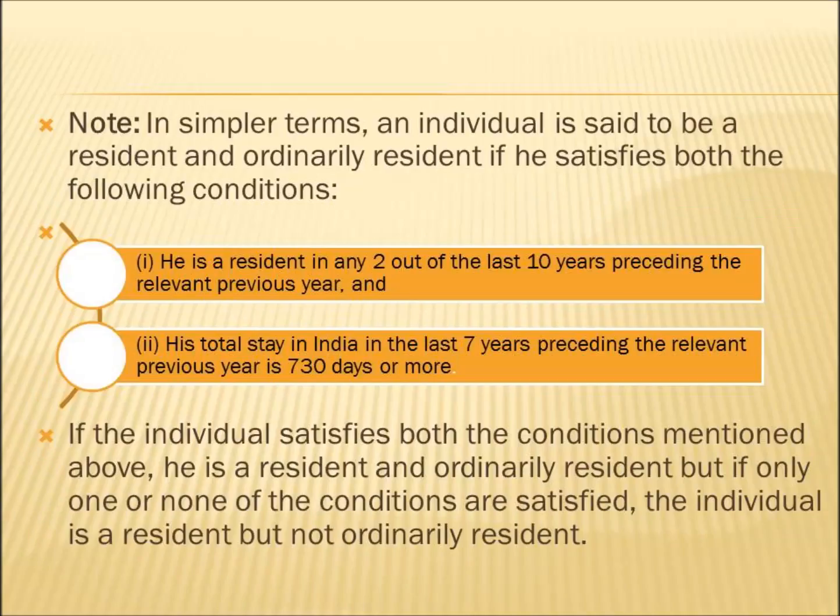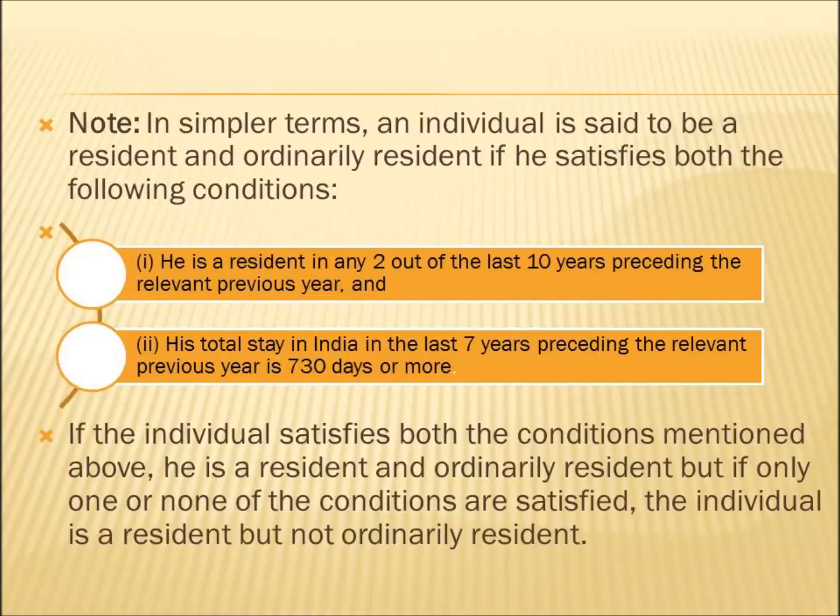In simpler terms, we can say that an individual is said to be a resident and ordinarily resident if and only if he satisfies both the following conditions. These two conditions are the reverse of the conditions we studied in the last slide. In the last slide, he was a non-resident in 9 out of 10 preceding years.